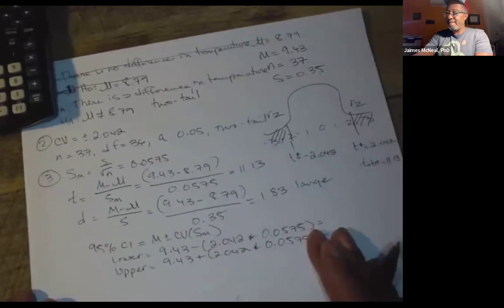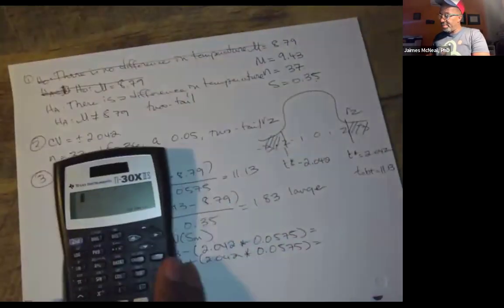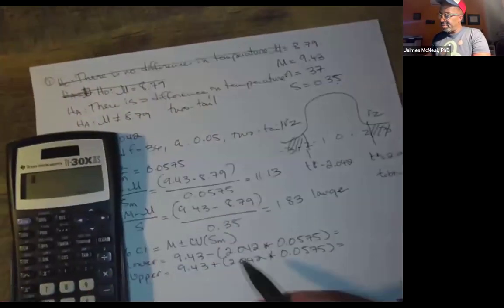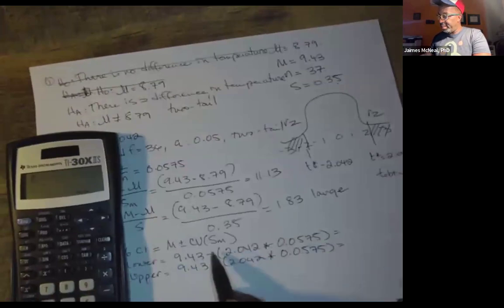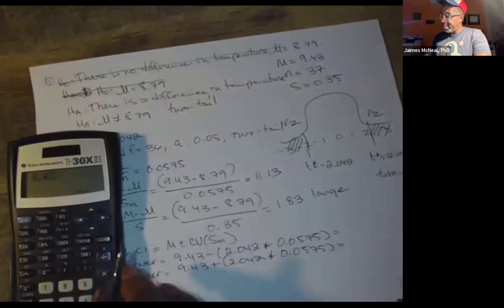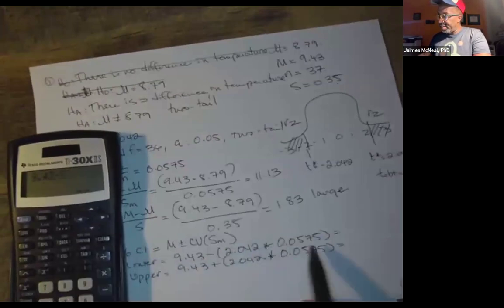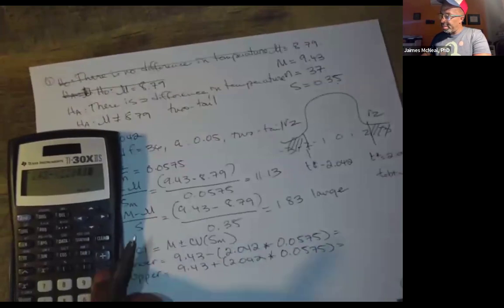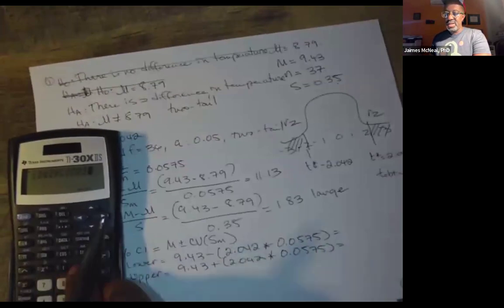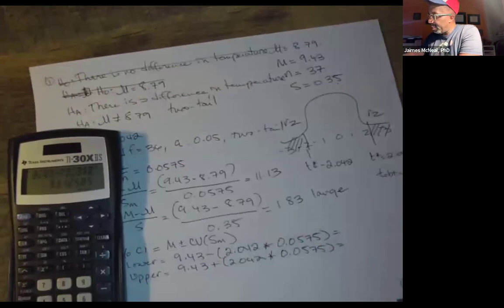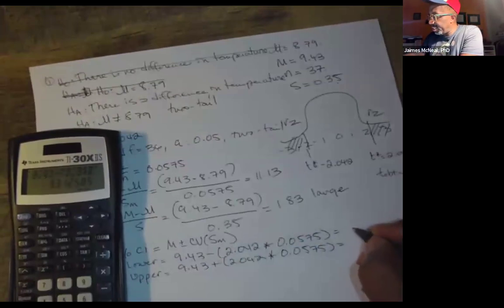So now we're going to put parentheses after we do 9.43. 9.43 minus, and then we put parentheses because we're going to figure this out first, 2.042 times 0.0575, close parentheses. 9.312, so it's 9.31.